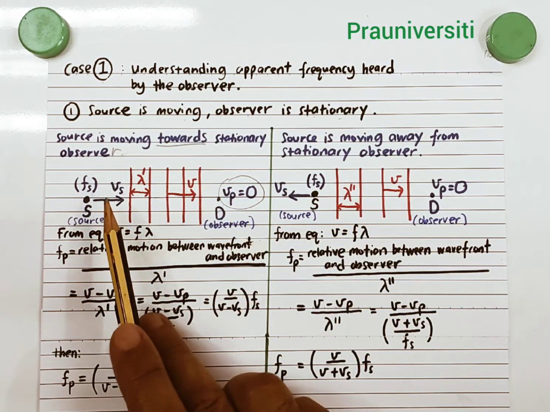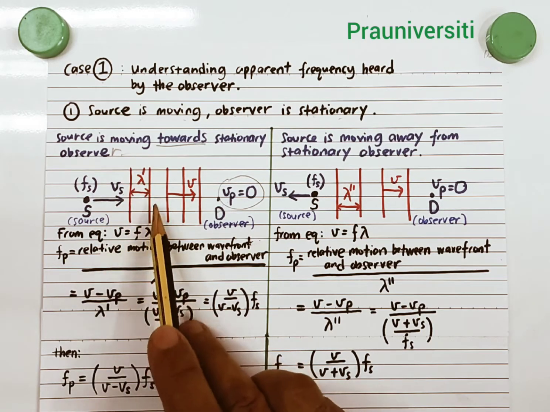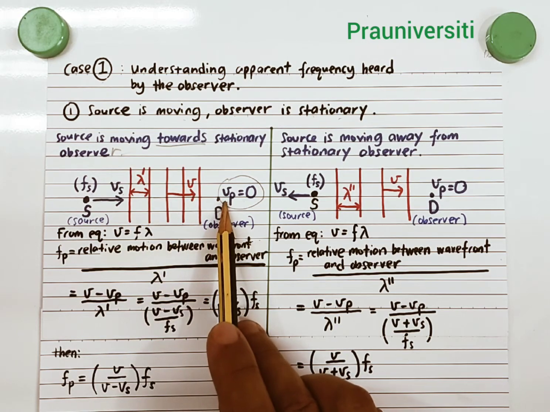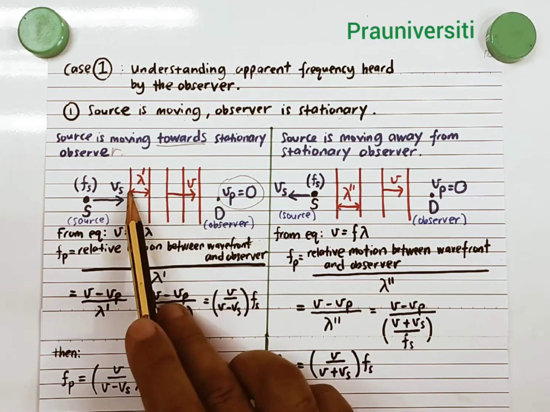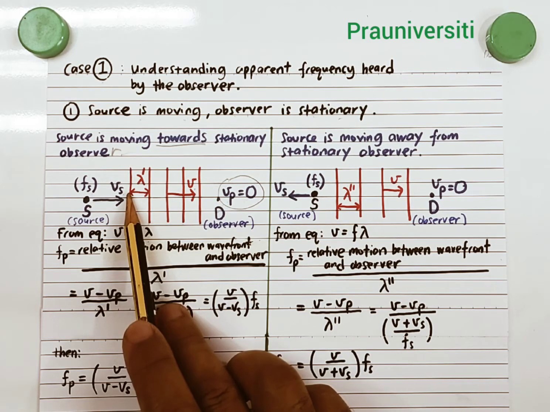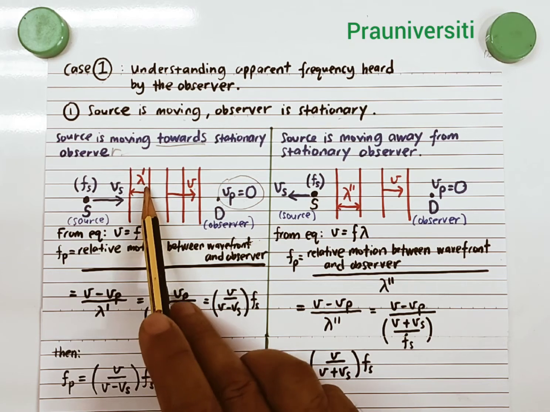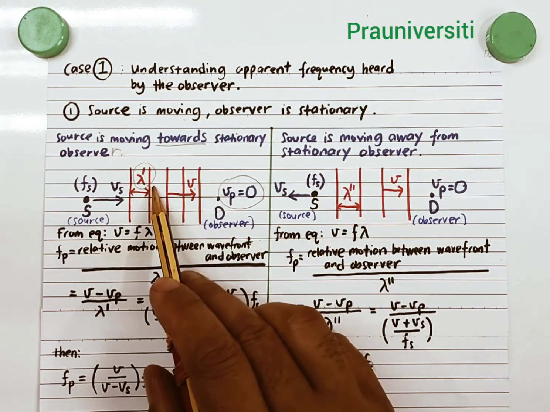The source produces the wave front, and the wave front travels towards the stationary observer. V is the speed of the sound. First, we have to know whether this wavefront has lambda prime or lambda prime prime.